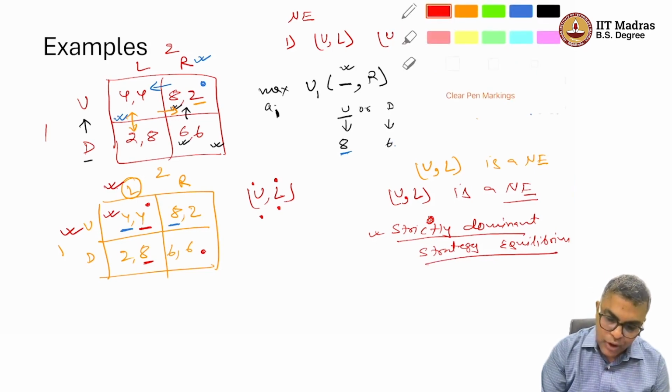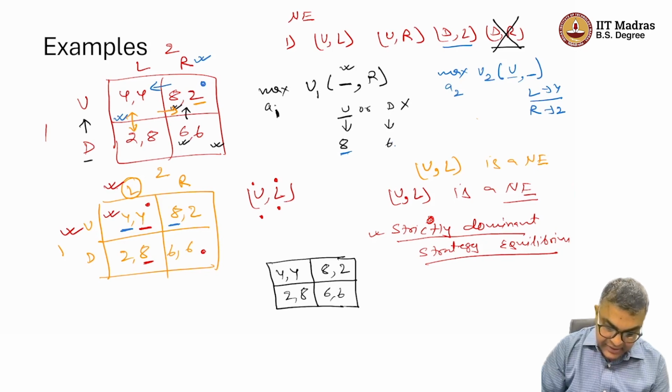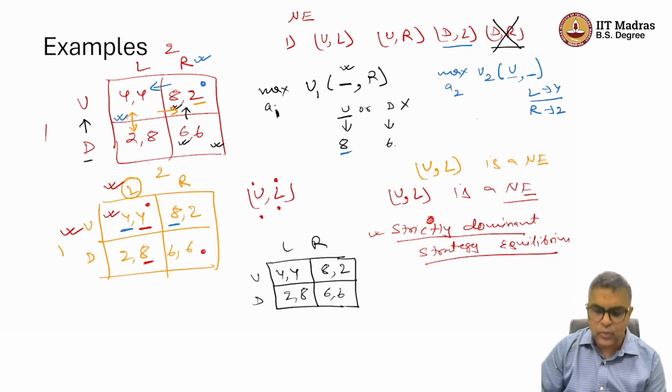Further, if you have not noticed, let me draw this game once again and tell you that this is nothing but a prisoner's dilemma. You can say there is no prison, there is no minus sign. How can we say that it is prisoner's dilemma? What is the requirement for prisoner's dilemma?